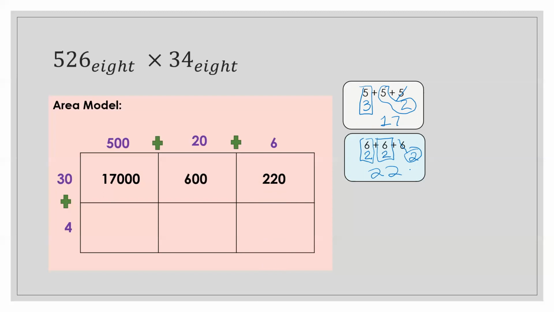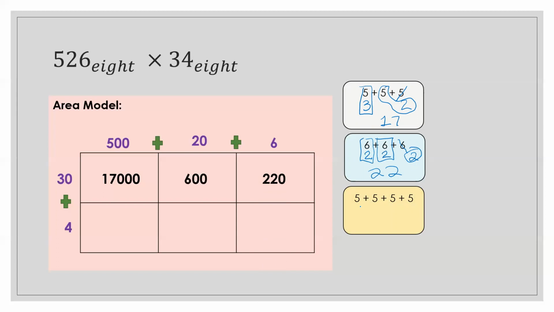All right, in the fourth box right there, I will have 4 times 500. Well, it's going to end with 2 zeros, and I need to think about what 4 groups of 5 is in base 8.